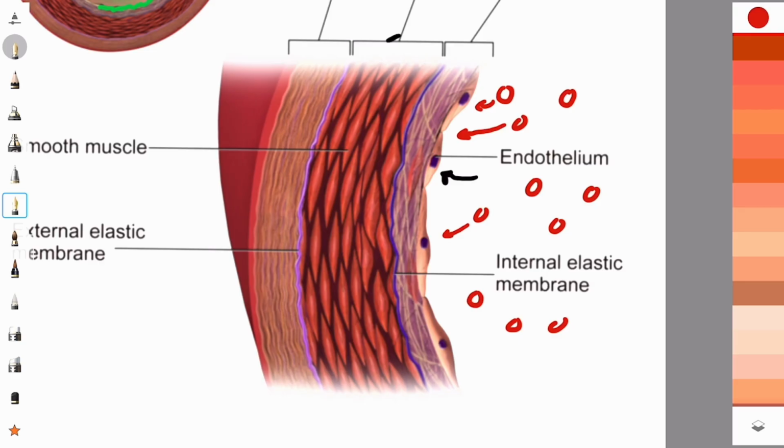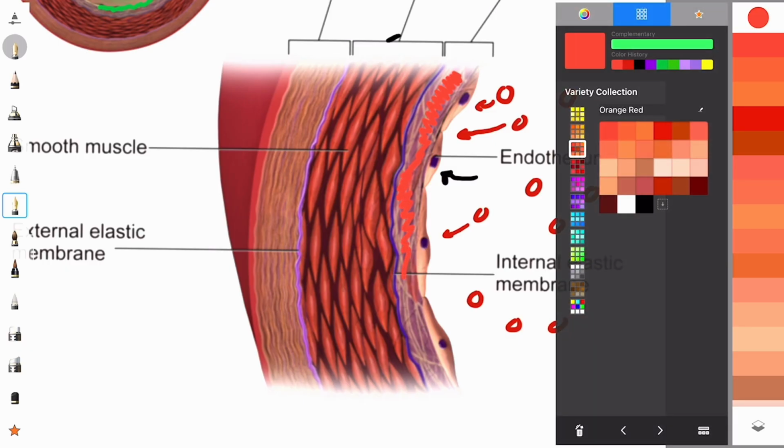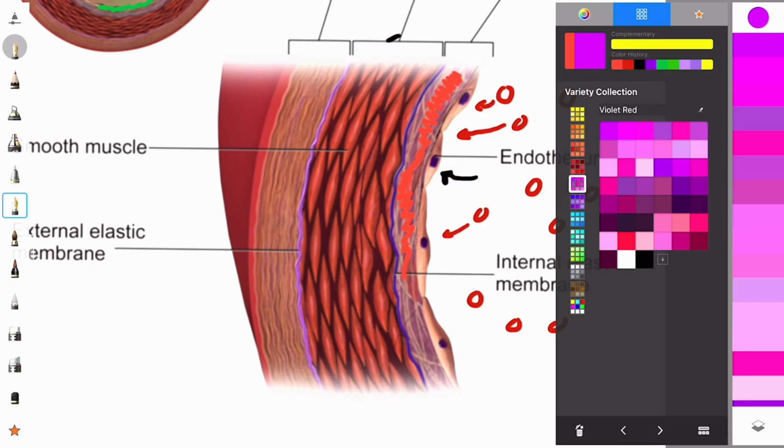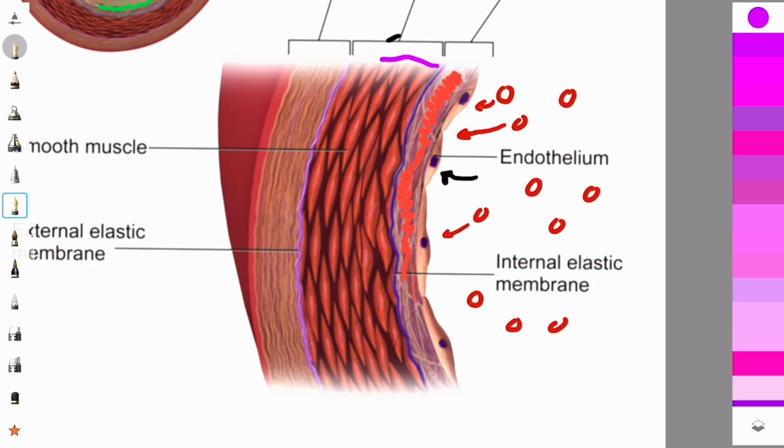Then here you can see the intima. And then here, again, you can see the smooth muscle cells. And here you can see a lot of them, right? I'm just going to highlight that for you. So all that space is smooth muscle cells.